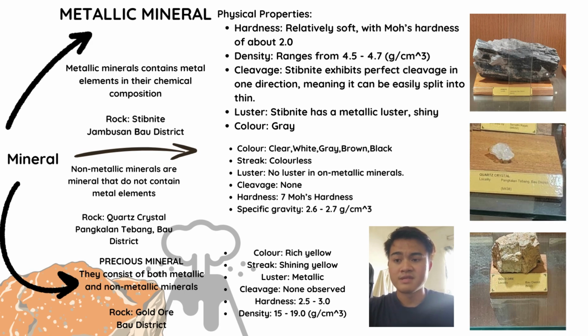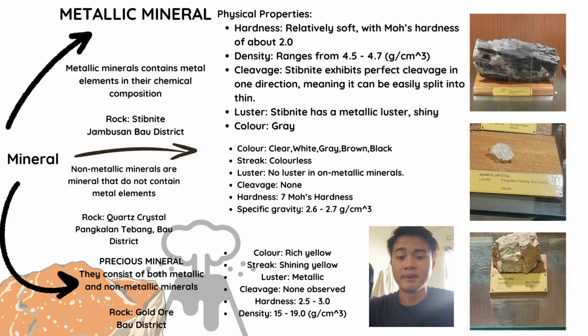Physical properties of stibnite: relatively soft with Mohs hardness of about 2.0 and density ranging from 4.5 to 4.7 grams per cubic centimeter. Stibnite exhibits perfect cleavage in one direction, meaning it can be easily split into thin sheets. Stibnite has a metallic luster and is shiny. The color of stibnite is usually gray.